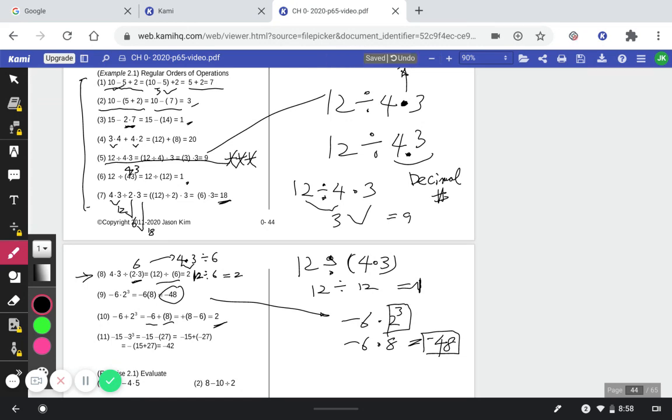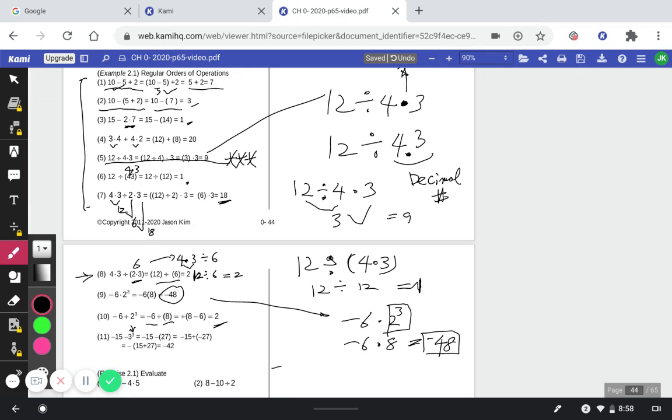Number 11, negative 15 minus 3 to the third power. Obviously you do 3 to the third power first, which is 3 times 3 times 3, not 9. So it's 27. Okay. So it becomes negative 15 minus 27.